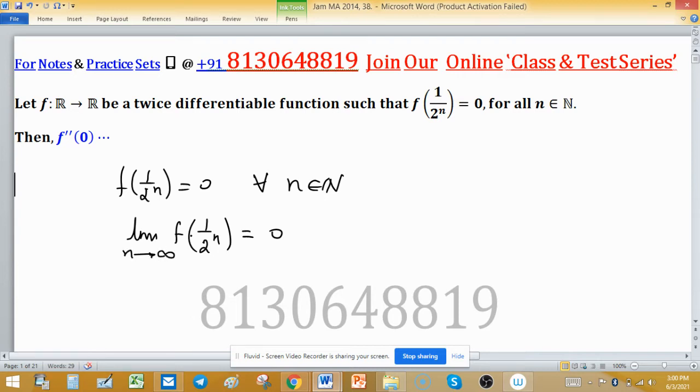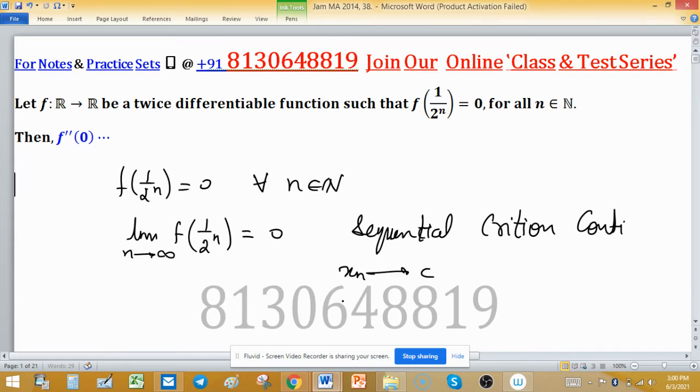We can write this by the sequential criterion of continuity. What we have is, if xn is a sequence converging to c, then f of xn will converge to f of c.